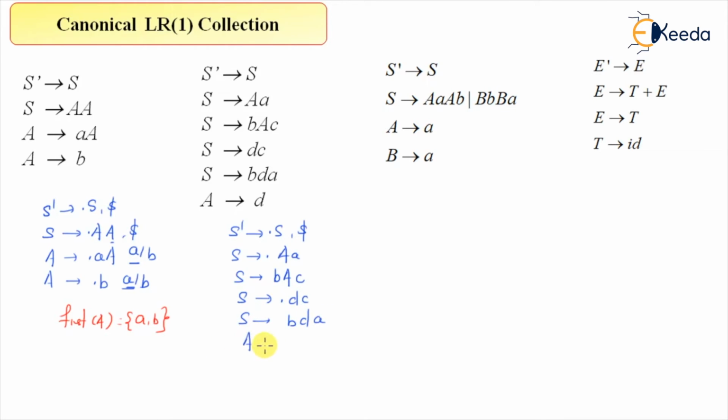I'll come to A later. Here I put a dot, and I have to put a symbol. You can see that after S nothing is there. If nothing is there, I can just copy the dollar over here. I will copy the dollar symbol to all of them.